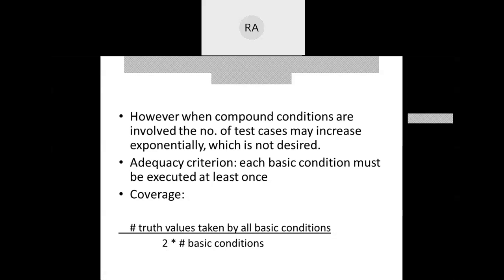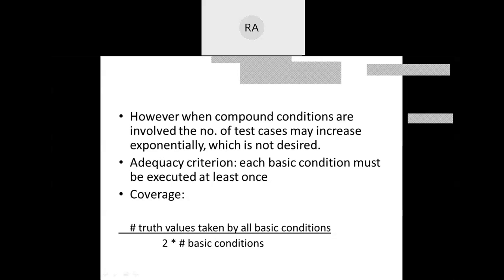Until then, please go through these things: statement coverage, branch coverage, and condition coverage, and the formulas that we'll be using in order to measure the coverage associated with each one of them. Unlike the previous two, the formula is different with respect to condition coverage. What is that? Number of truth values taken by all the basic conditions.